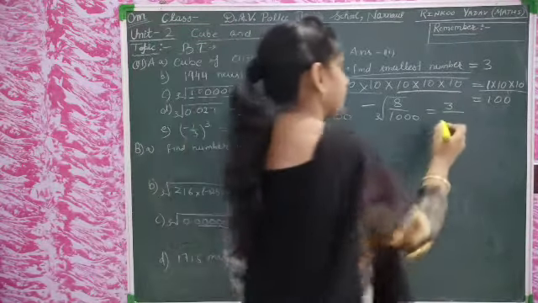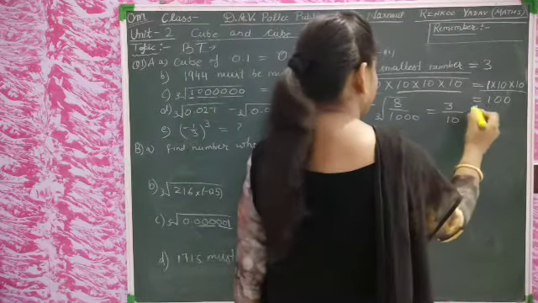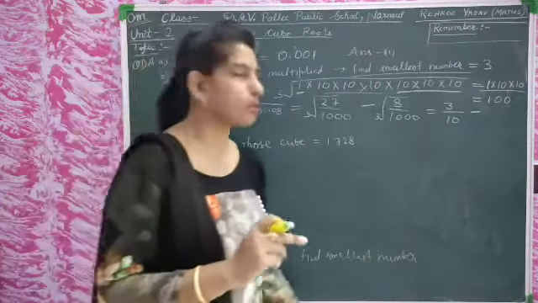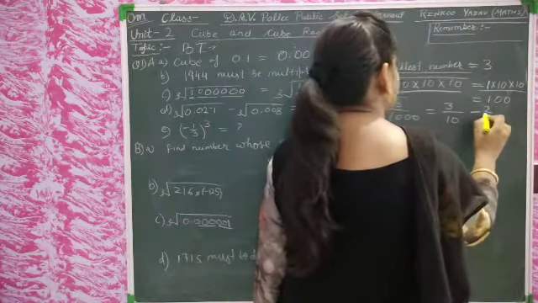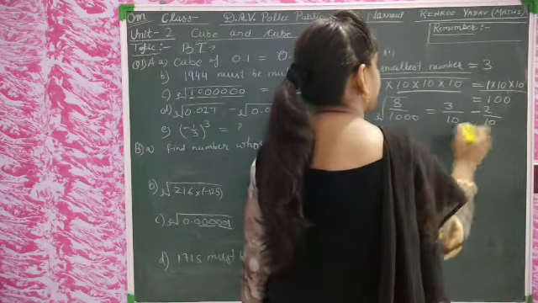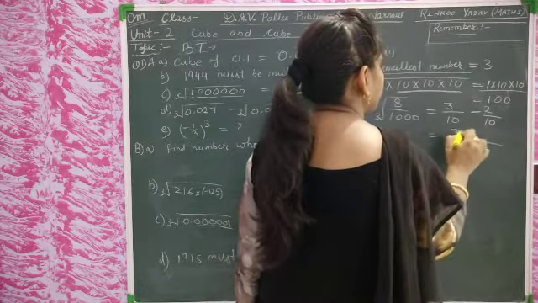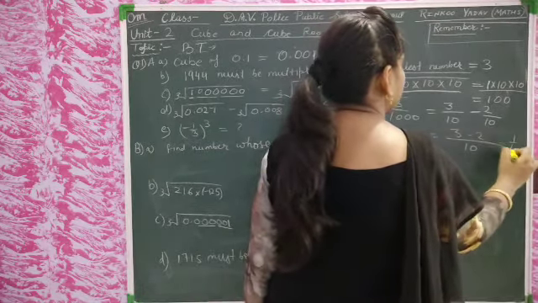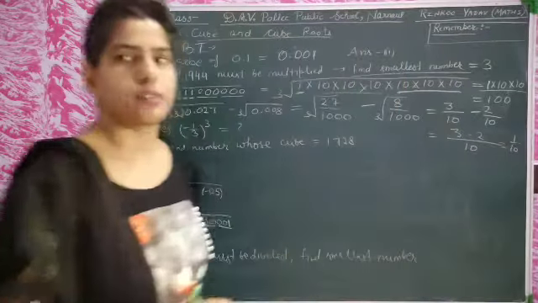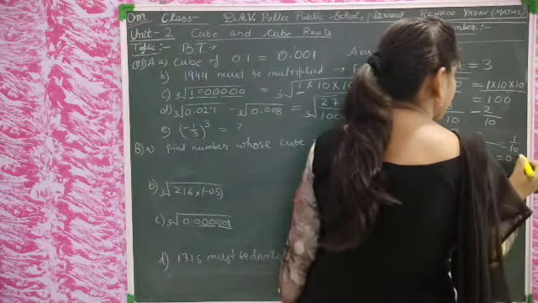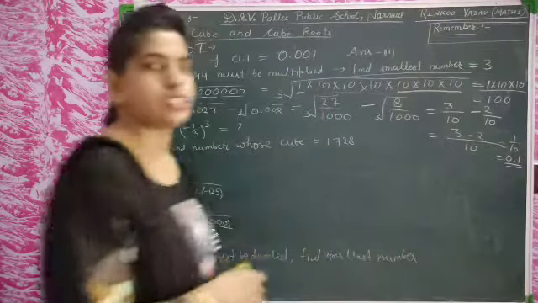Minus 2, since 2 cube is equal to 8, divided by 10. Taking the LCM, 3 minus 2 equals 1 by 10. This is the answer, and we will write it as 0.1.